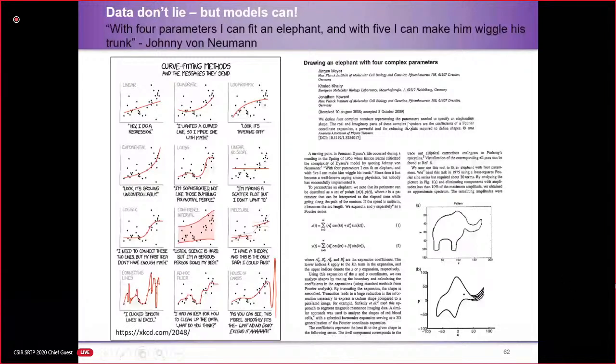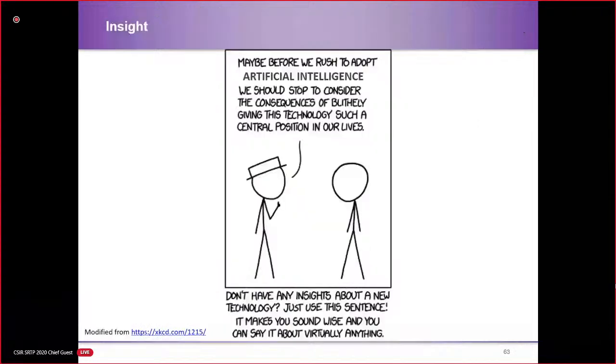And here's a slightly funny paper which actually shows that you can fit an elephant with four complex parameters. Of course you can fit any underlying training data with hundreds and thousands of parameters. The thing is, does it work outside your training set? I'll leave this insight with you.